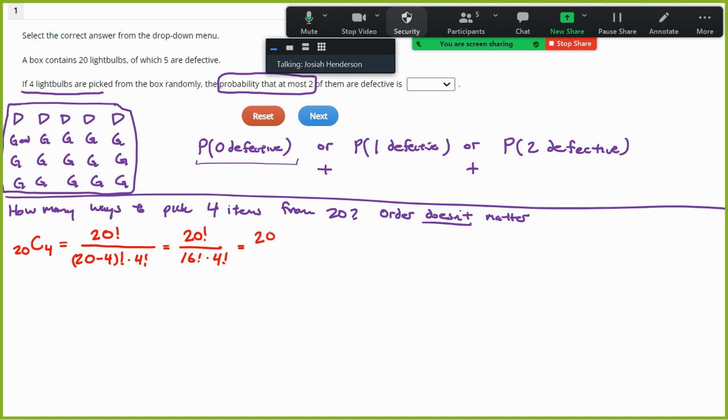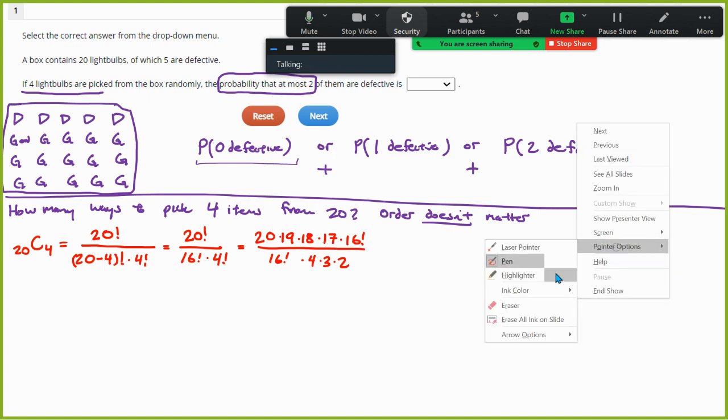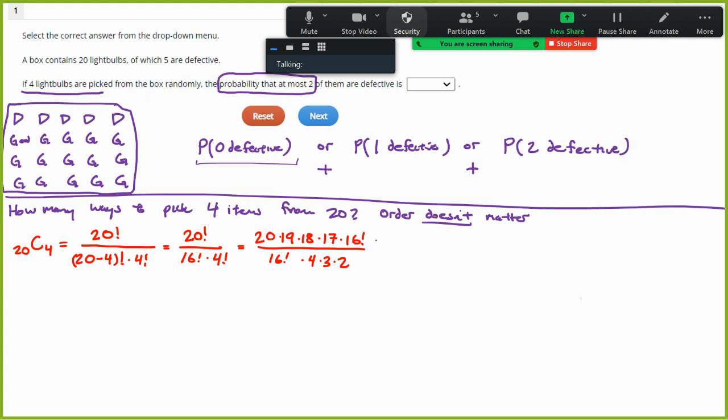So I'm going to expand the 20 factorial until it reaches 16 factorial. And I guess I'm going to expand the 4 out as well. 4, 3, 2, 1, but I won't write the 1. Okay, so on the top of the fraction, we've got 16 factorial and on the bottom, so they cancel right away.